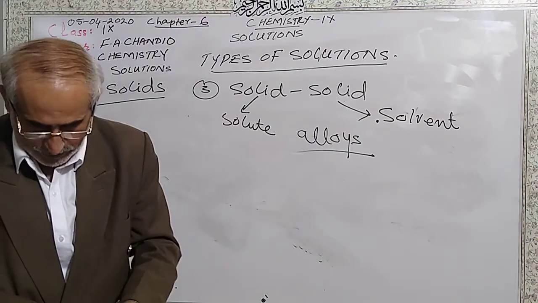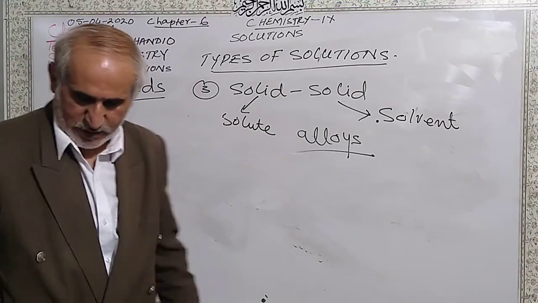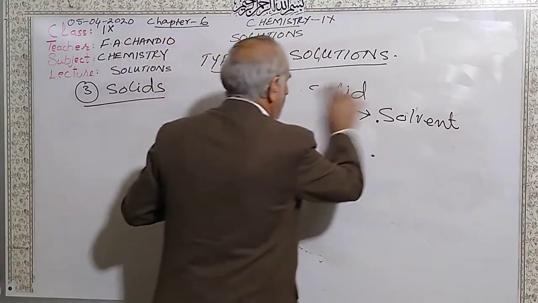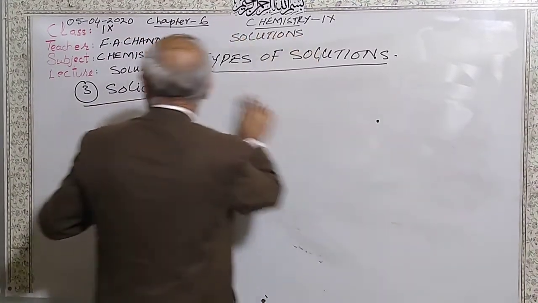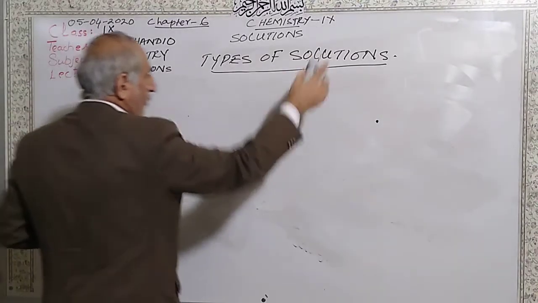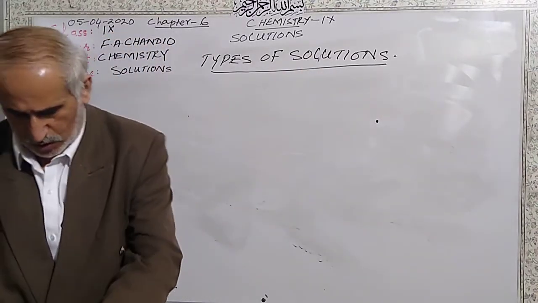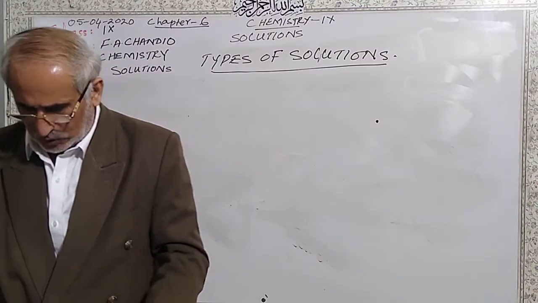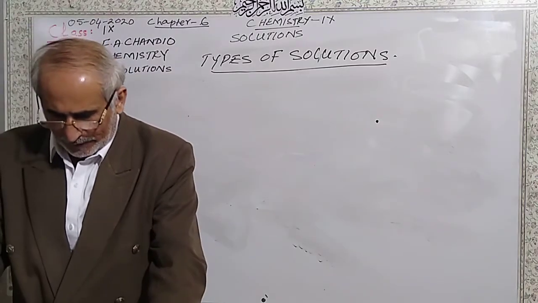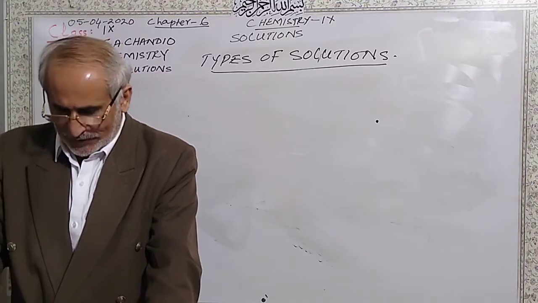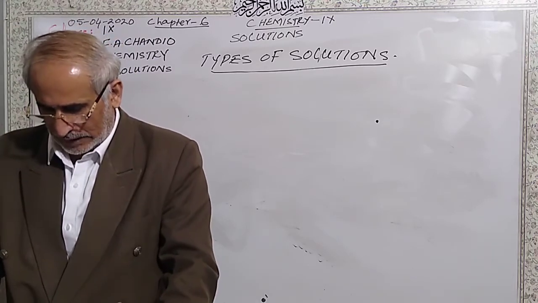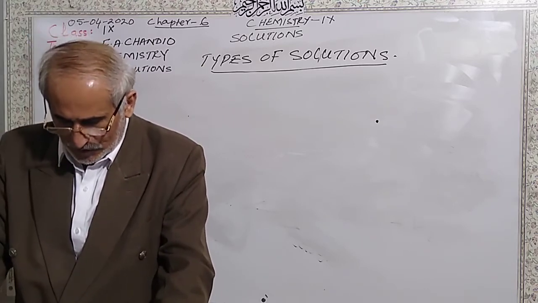So I have solved this 6.2 self-assessment exercise. I am going to solve the same topic. So number 1, again I am reading the question, self-assessment 6.2, down the table 6.1. What are the physical states of solute and solvent in each of the following solutions? Also identify the types of solution.